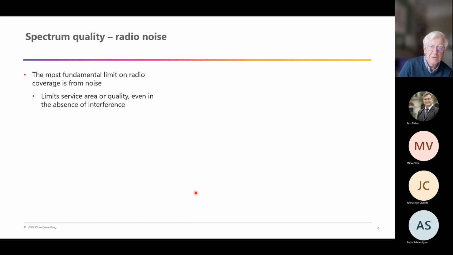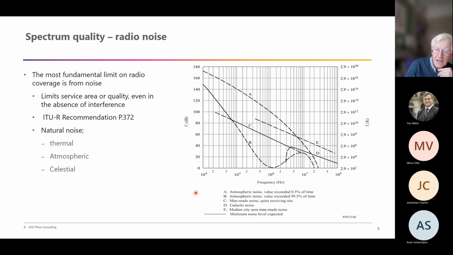So we talked a bit about sensing the signals that are intentionally being broadcast, but any radio signal is fundamentally limited by the noise in the environment. Even when you've got no interference, the quality of a radio service will be determined by noise, which could be natural noise from the atmosphere, or even from celestial sources, from galaxies and from the sun.